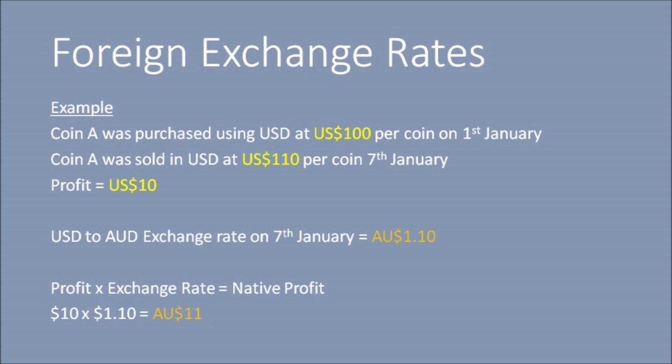To do this, simply all you do is take your profit in US dollars, take your exchange rate, so $1.10 Australian, and that will give you the number. In this circumstance, what we're looking at for this example is 10 times 1.1, which will effectively give us $11 Australian. The key is to remember you owe tax when a taxable event occurs.